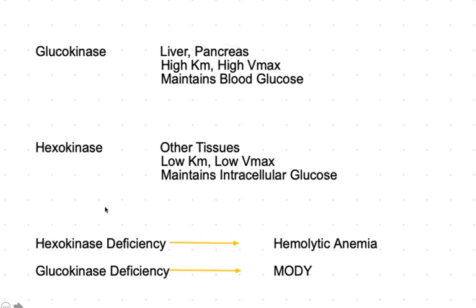So what happens when we have hexokinase deficiency? Again, RBC is heavily dependent on glycolysis, so we expect to have hemolytic anemia.